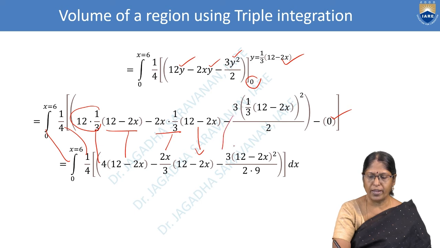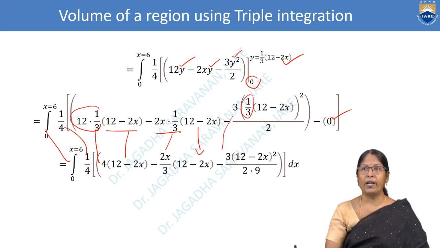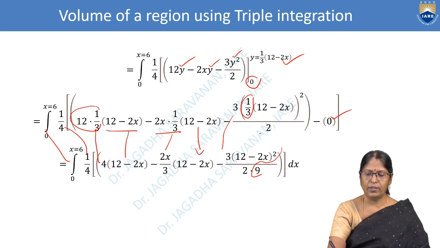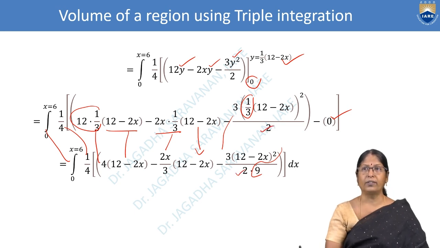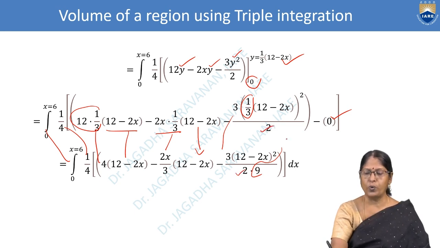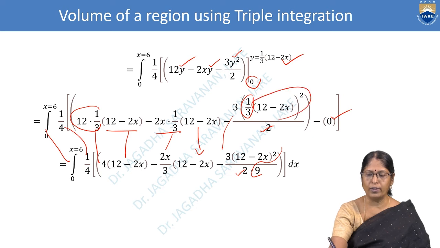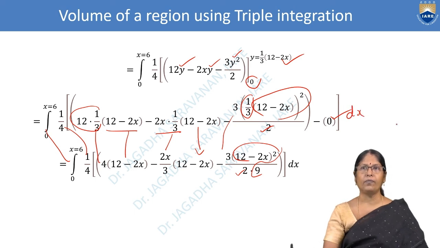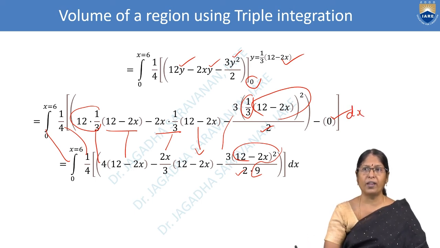Here minus 3, and this is 1 by 3, the whole square, that only has become 1 by 9. This 2 is written as it is, and 12 minus 2x, the whole square. These terms are written as it is, and here also dx is to be written, because we are concentrating now on the middle integration.